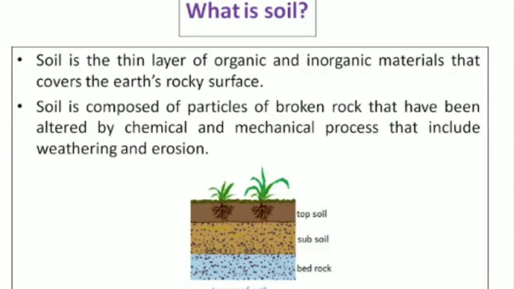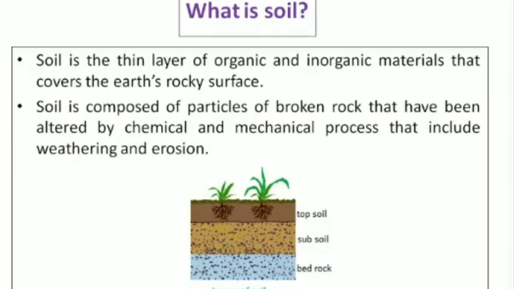The first layer, the topsoil, is rich in nutrients, and plants and trees grow in that topsoil region. Topsoil also contains worms like earthworms that are helpful for the growth of plants. In the upper part of the topsoil you have humus.